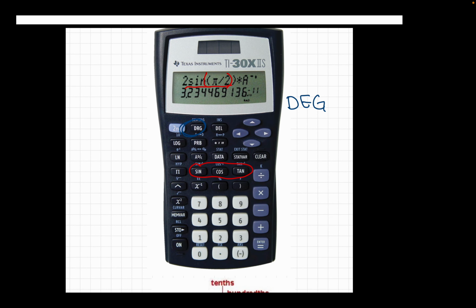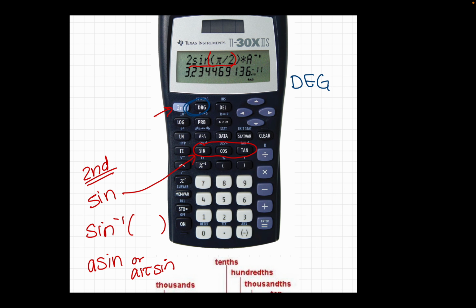So what you're going to do is hit second, and then you're going to hit sine. And then it's going to come up sine -1. Okay, and that's where you're going to type your fraction. So this one is really important that you have parentheses on yours. If you're not using the school calculator, sometimes you might see something like a sine or arc sine. Those are just other ways of saying sine inverse.